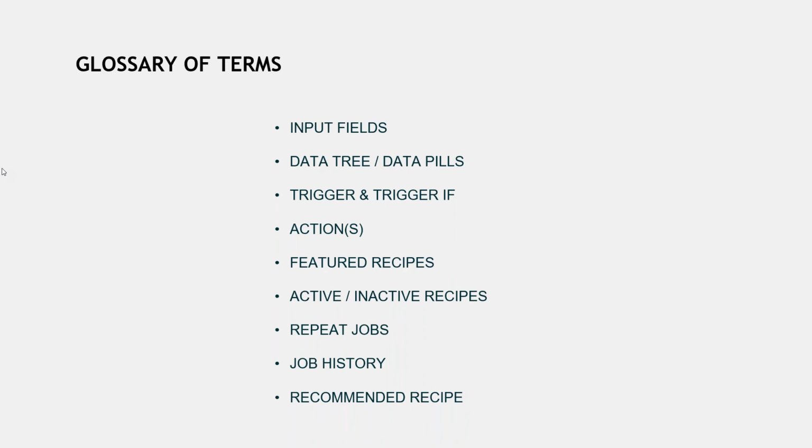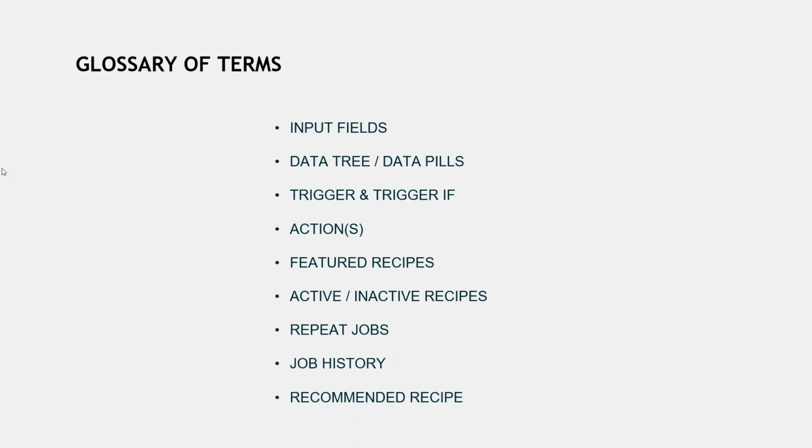Active or inactive recipes. While you are logged in, your main Workato page displays running recipes in the active tab and stopped recipes in the inactive tab. Repeat jobs. You can repeat a job that was previously processed by clicking on the repeat job button on the right of every job. And job history.